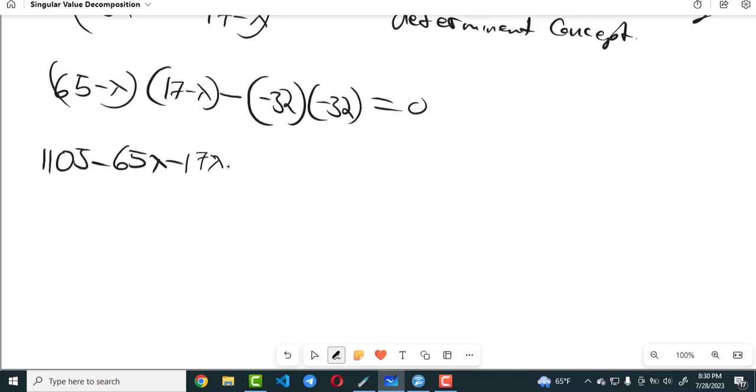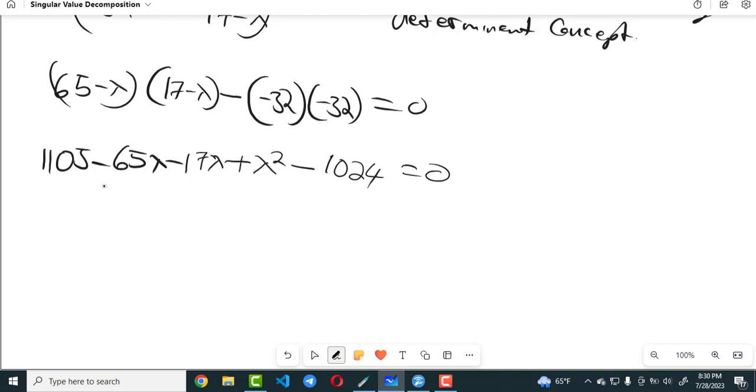Negative lambda times negative lambda is a positive lambda square. Negative 32 times negative 32 we get 1024, which is a positive number, minus this for determinant, minus operator here, equals to 0.